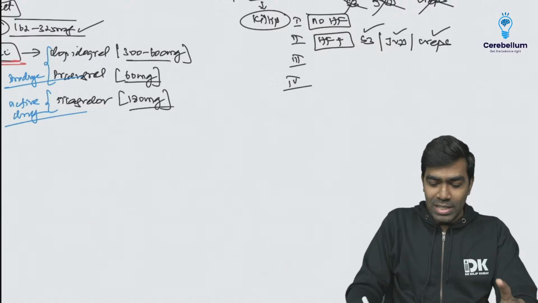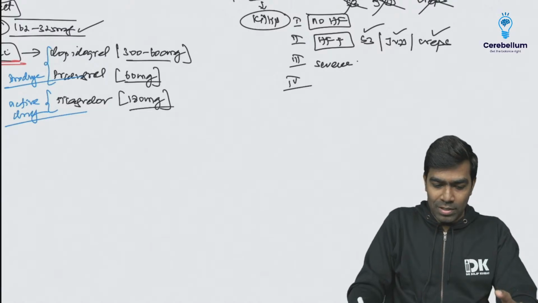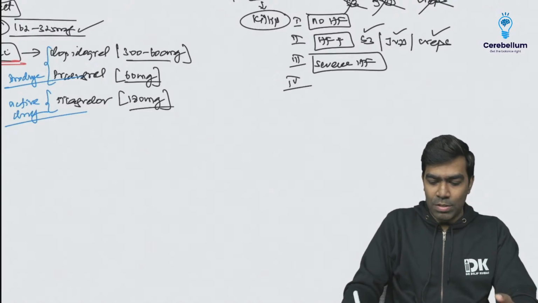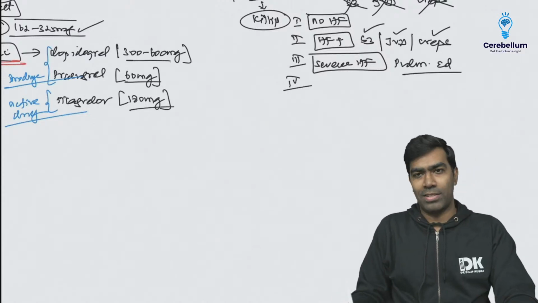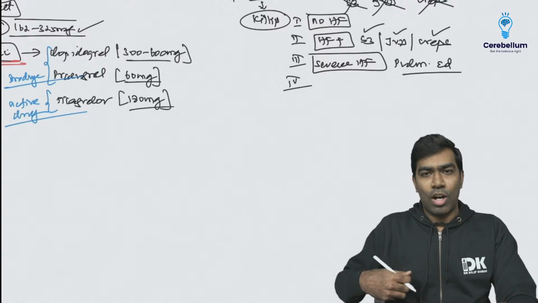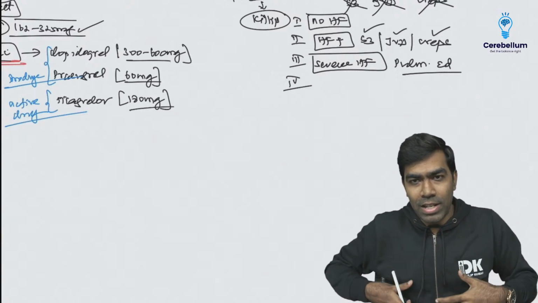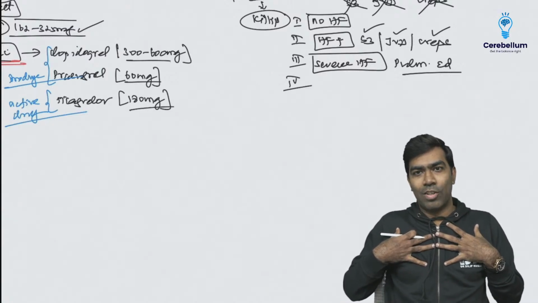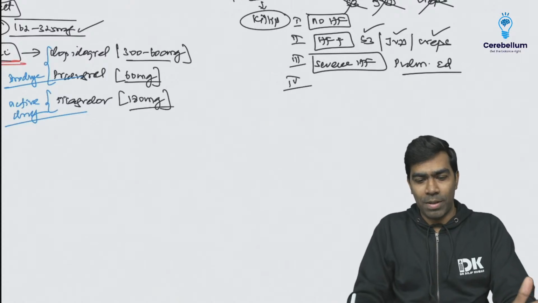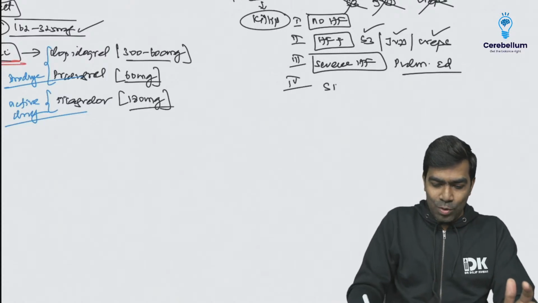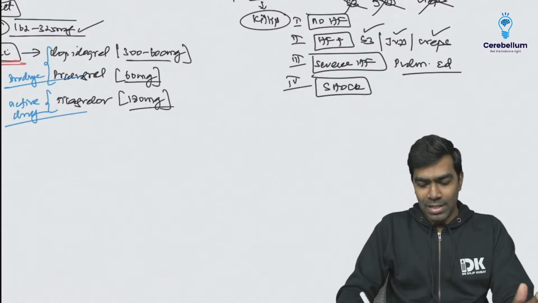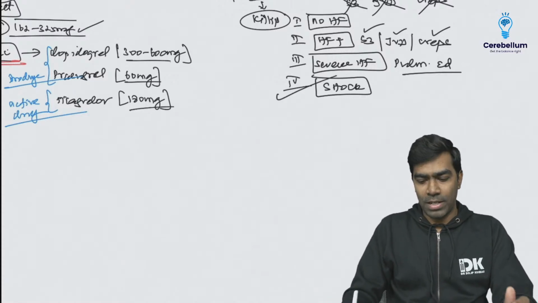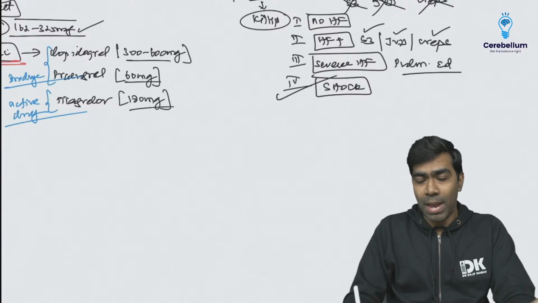Here the patient will have severe heart failure, which means the patient is having frank pulmonary edema. What is the difference? Patients are not only having crepitations at the base, they are having crepitations throughout the lung fields. That is frank pulmonary edema. Class 4, patients are having shock, cardiogenic shock, low BP. That's the worst that you can ever have. The patient is having cardiogenic shock because of MI.